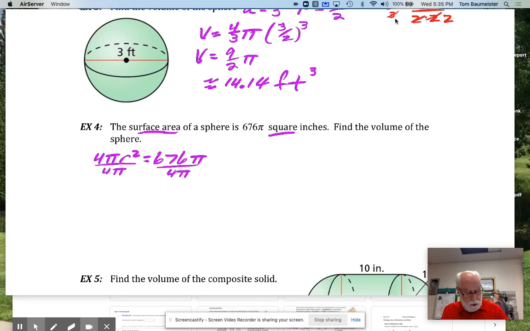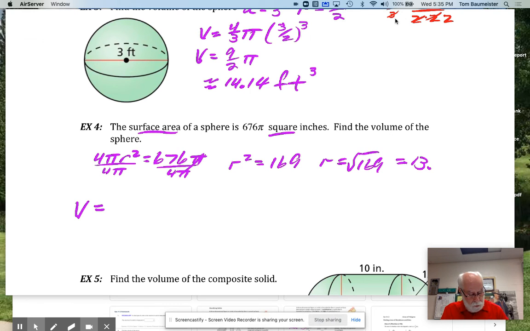If I do that, I'll get that r squared is equal to, because the pi's are going to go away, so we just have a number, right? So r squared is equal to 169. Again, to get rid of a square, I'm going to square root. So the square root of 169 is actually a nice number. It's 13. So now we can use the radius to find the volume.